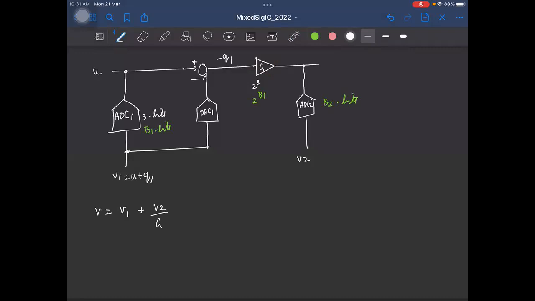At the output, what will be the overall resolution I get? B1 plus B2, fine. So overall, this will realize an ADC with a resolution of B1 plus B2 bits. Okay.